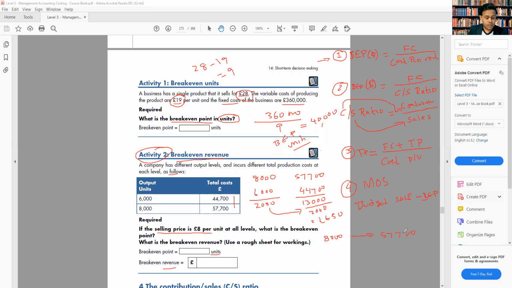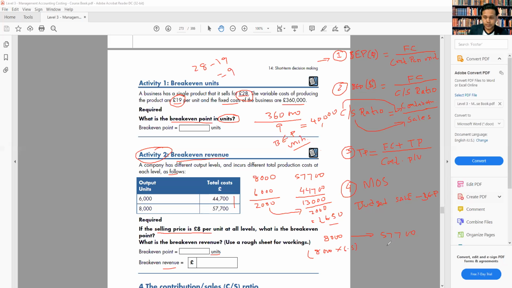And if I take out the variable cost from the total cost, whatever will be the remaining, the leftover, will be the fixed cost. So 8,000 times 6.5, the variable cost per unit. That will give me the total of my variable cost, that is 52,000.